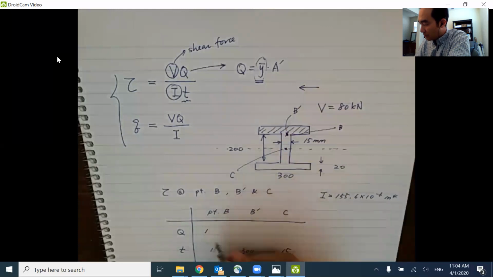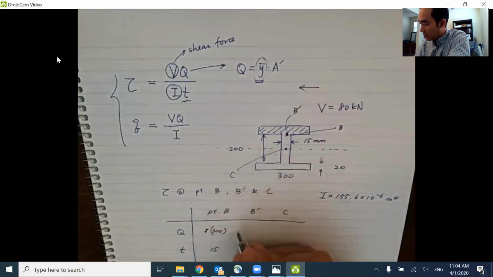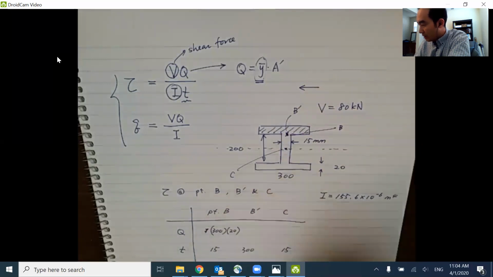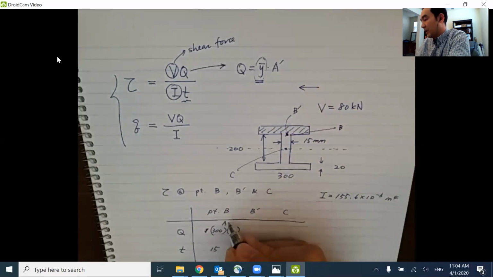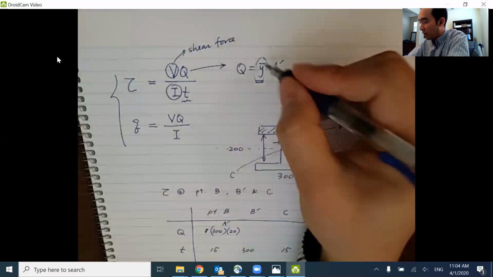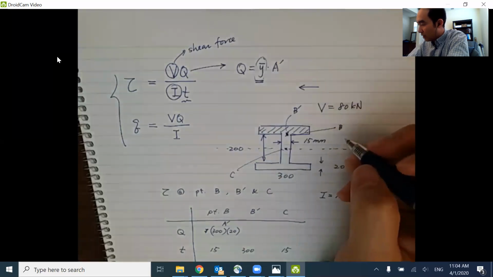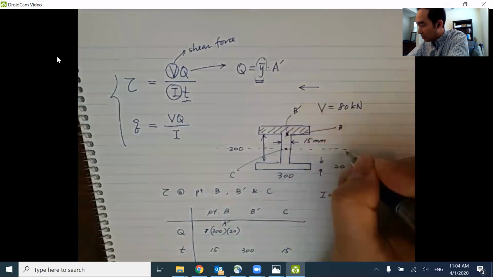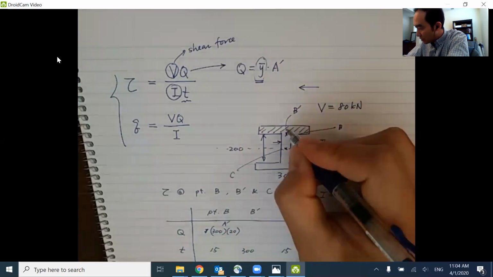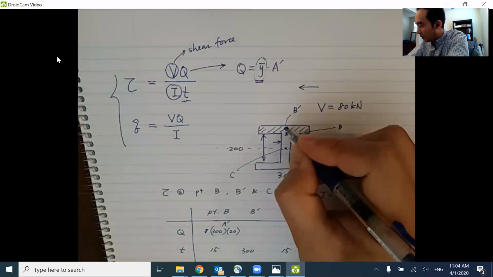So the area, which is 300 millimeter times 20 millimeter. So this is the A prime part. And what about Y bar? Y bar, I said, is going to be the distance from the neutral axis of this section to the centroid, which is right here.